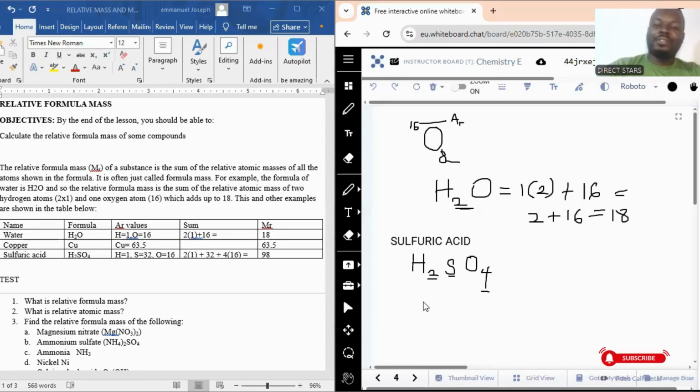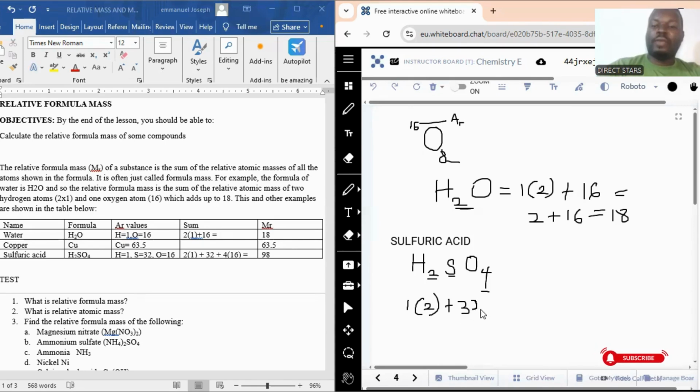So let's go. Hydrogen, like we did in the previous example, the atomic mass is 1. So place brackets 2 in front, indicating we have 2 atoms of hydrogen. And then for sulfur, if you check the mass of sulfur on the periodic table, you'll get 32.